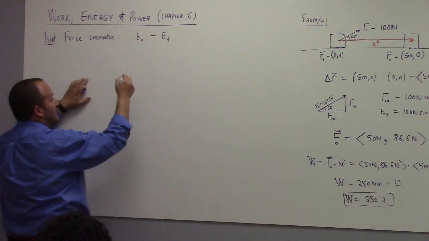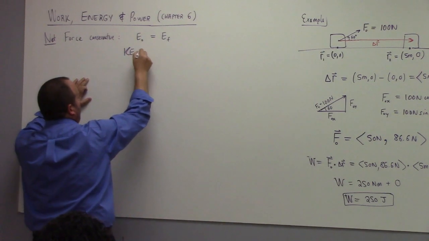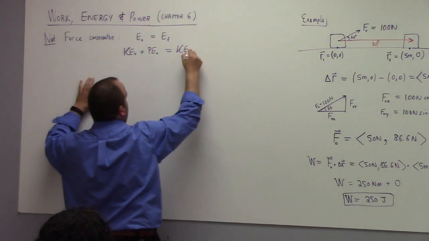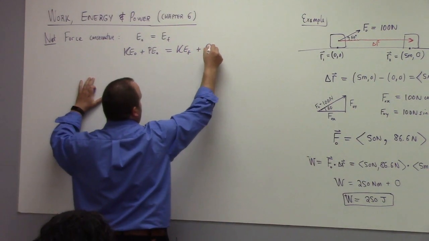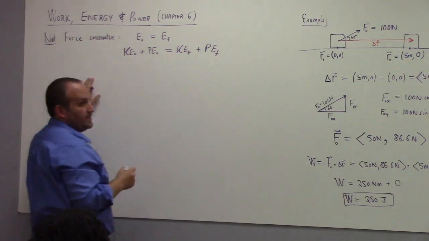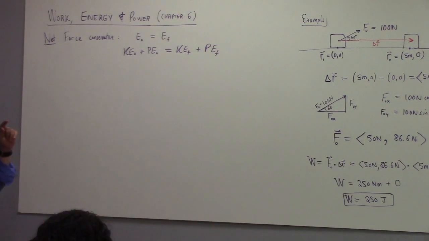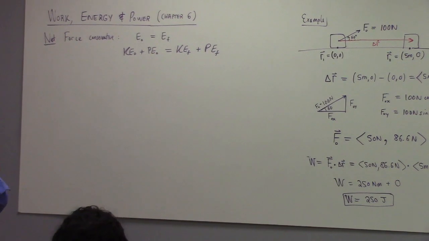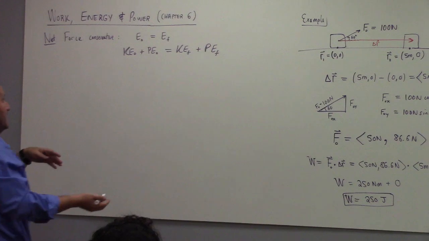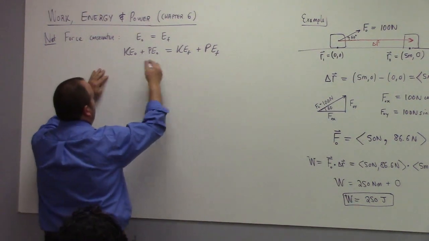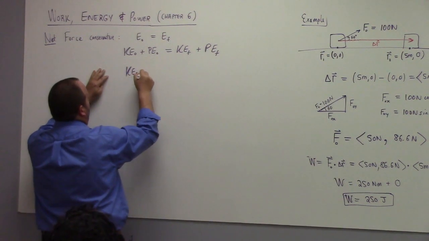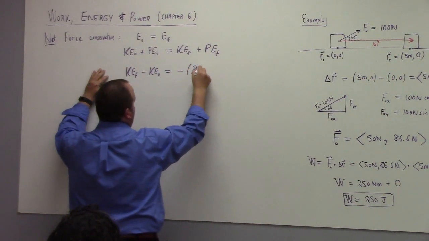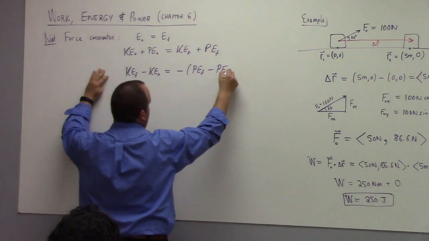What that means is that kinetic energy initially plus potential energy initially is equal to kinetic energy finally plus potential energy in the final situation. Now, we can rearrange this equation to relate the changes in potential energy to the changes in kinetic energy. If I solve for KE final minus KE naught, I get minus PE final minus PE naught.